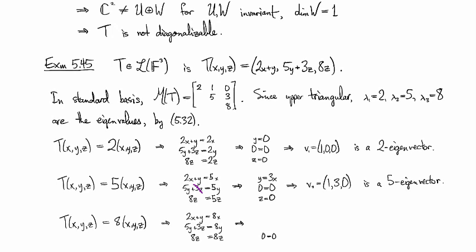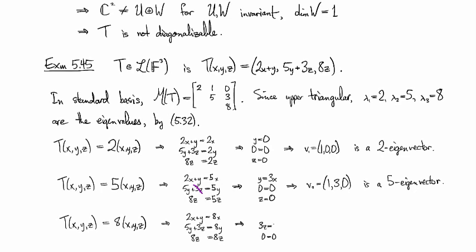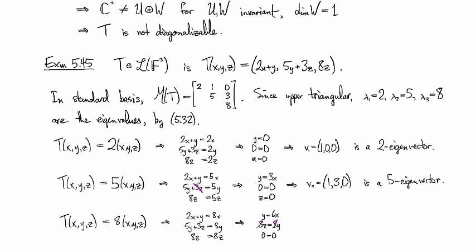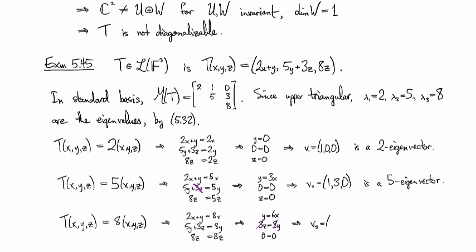The second one gives us 3z is equal to 3y, so in other words, z is equal to y. And then the first one tells us y is equal to 6x. So v3 is going to be something where if we take 1 for x, then the second coordinate is going to be 6 times that, and the third coordinate is going to match the second.